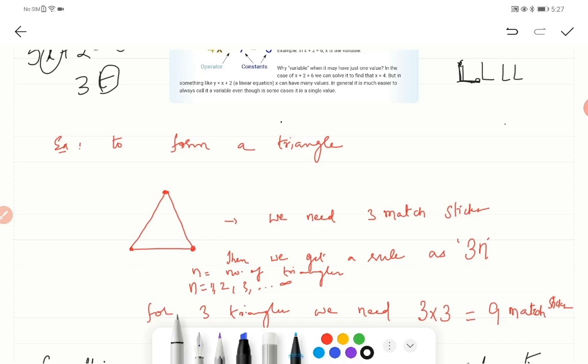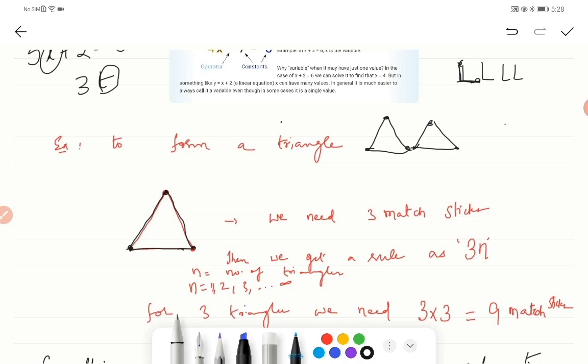In a similar fashion, let's do it today for a triangle. So for a triangle, how many matchsticks do I need? I will need 3 matchsticks, right? 1, 2, 3 for one triangle. Now if I want two triangles, yes, I will need 6 matchsticks, right?